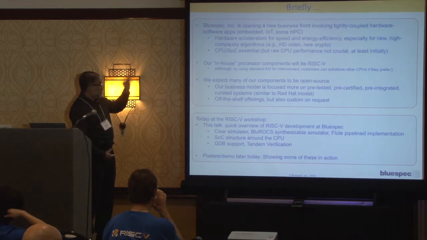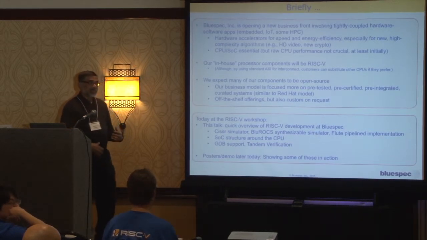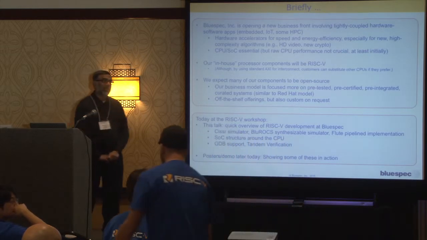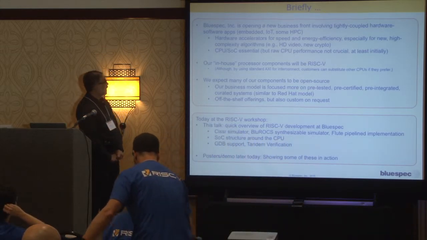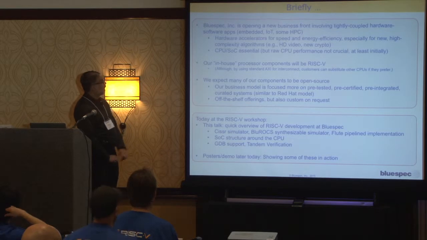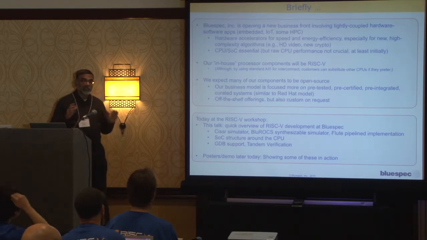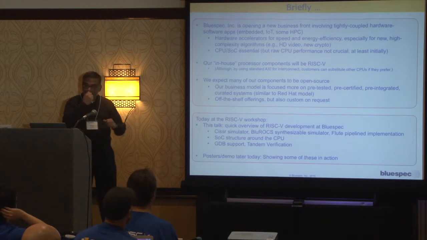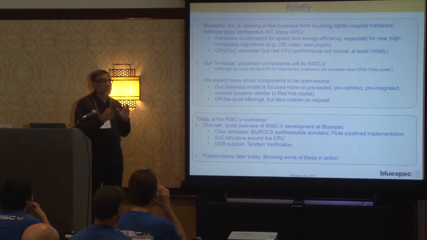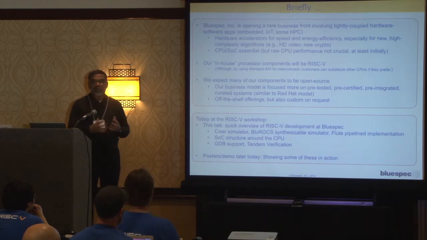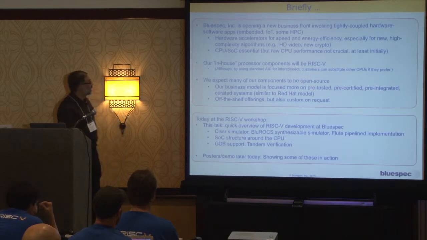Specifically, we are likely to be doing stuff with video and crypto, and I say that because we have discussions ongoing already with a couple of companies on those fronts. With this focus, we're not trying to build the world's fastest, most energy-efficient CPU. Really, it's more about the smooth coupling between the hardware and the software, the hardware being the accelerators, et cetera.